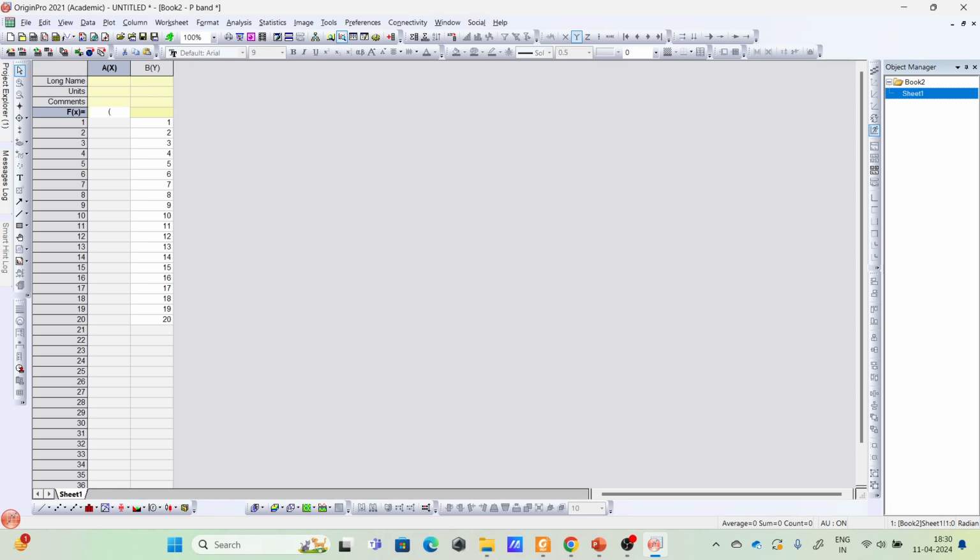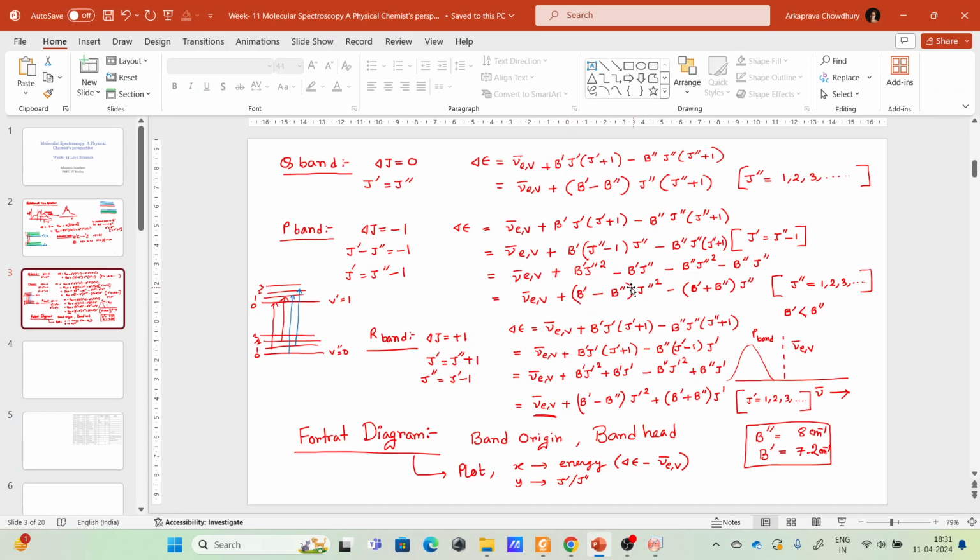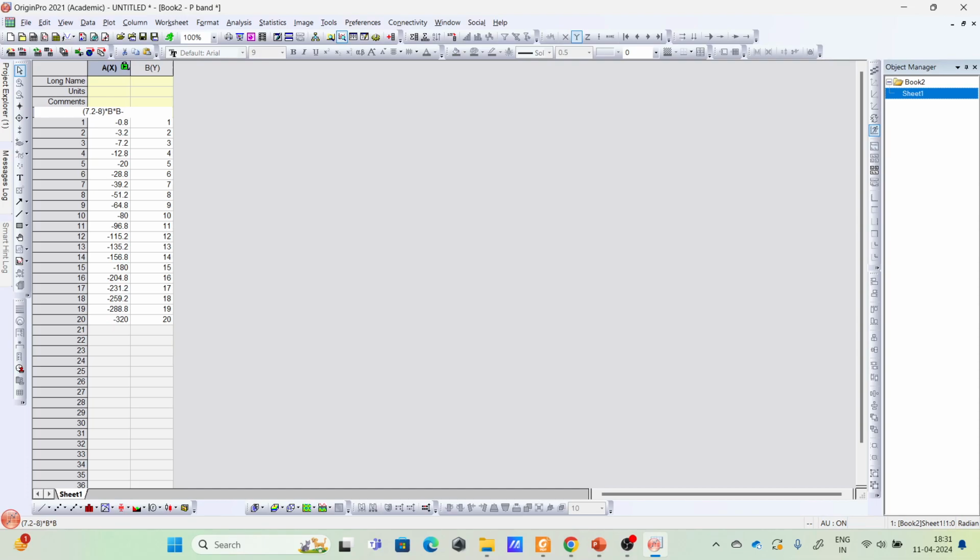So the formula will be 7.2 minus 8 multiplied by J double dash squared, then minus 7.2 plus 8, multiplied by J double dash.